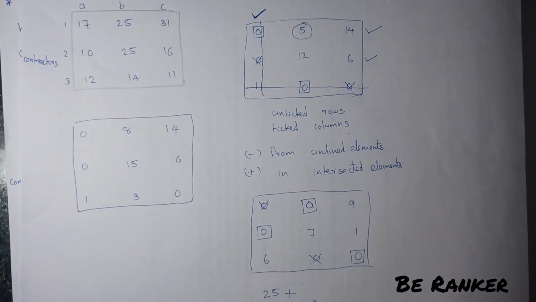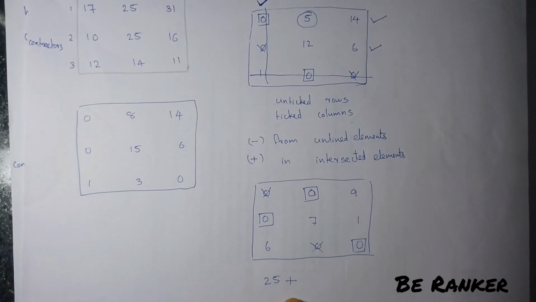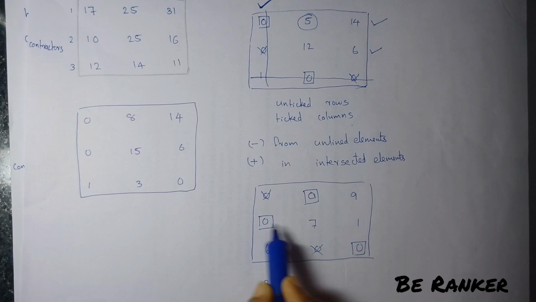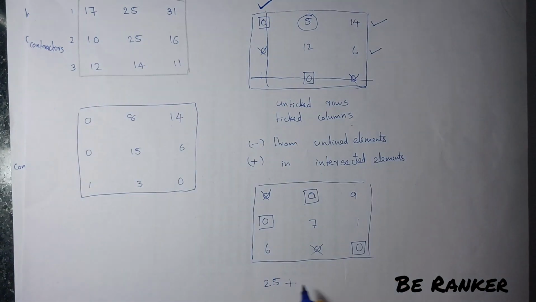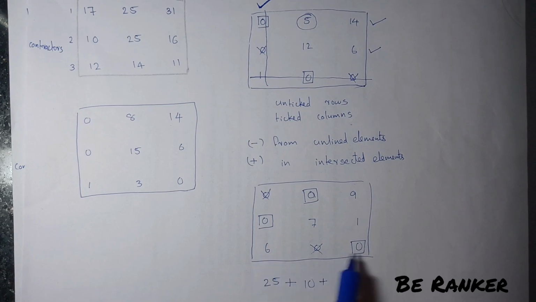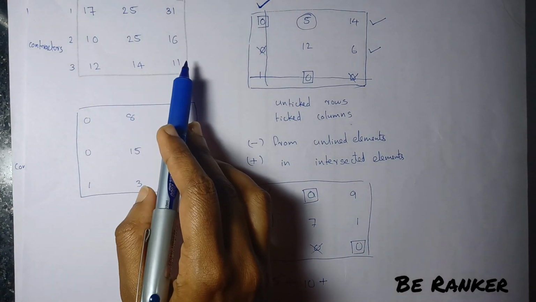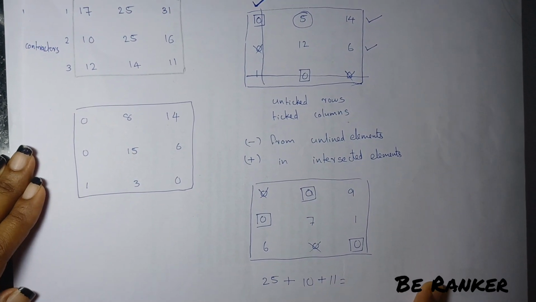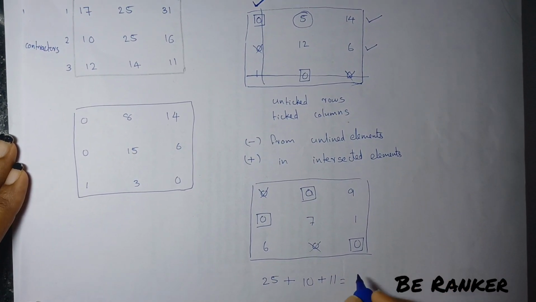So 25 plus. Then second row, first column, it is 10. So 10 plus. Then third row, last column, it is 11. So the final answer is 46.